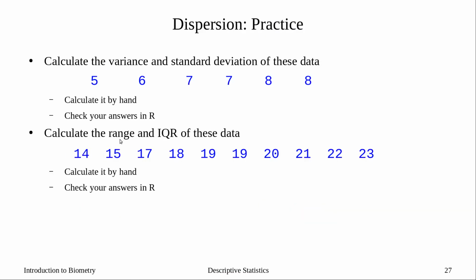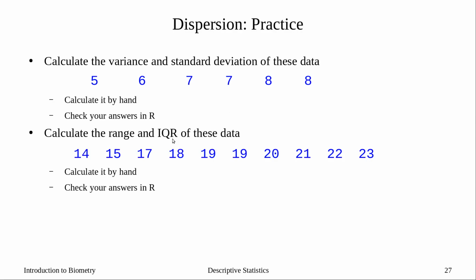So here's some practice, 2 different practice problems to see if you feel comfortable calculating means, standard deviations, and variances. So practice problem 1, I have a data set with six data points. I want you to calculate the mean, variance, standard deviations by hand, and then get these data into R and check your answers.